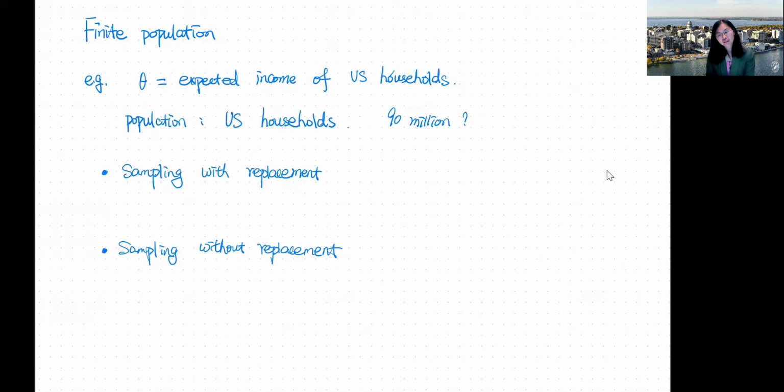So when you do sampling with replacement, the sample you get is guaranteed to be IID because each time you take the random draw, the population you face is exactly the same.